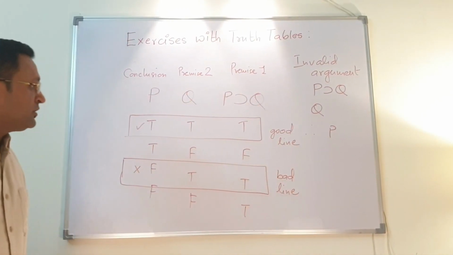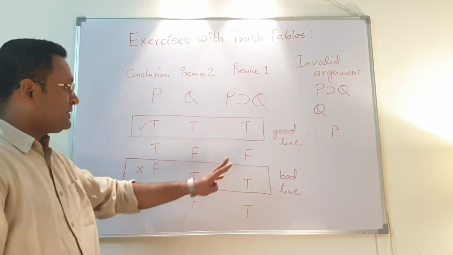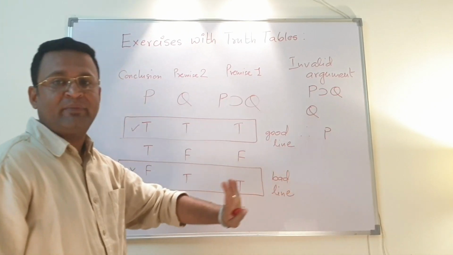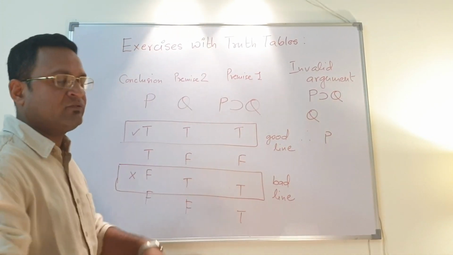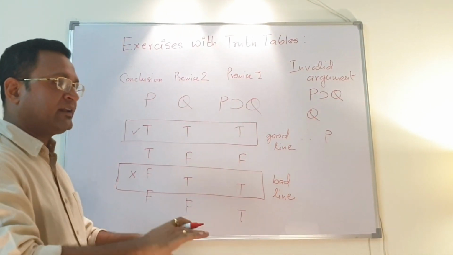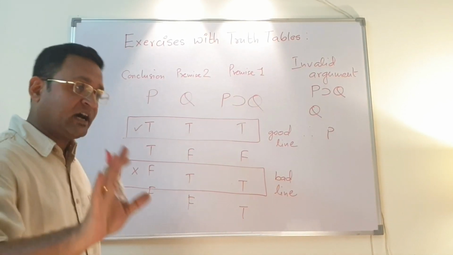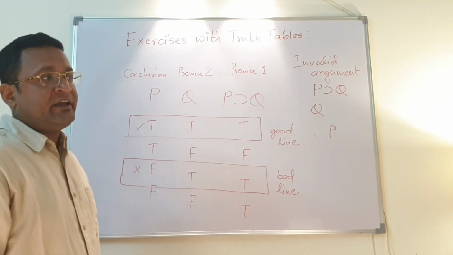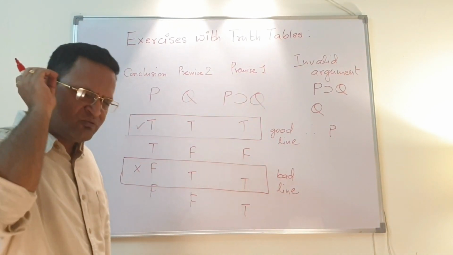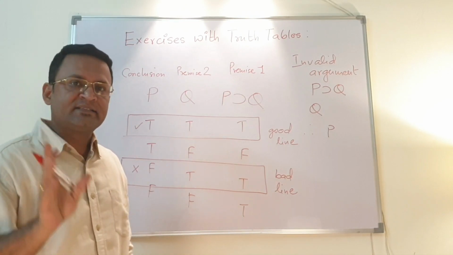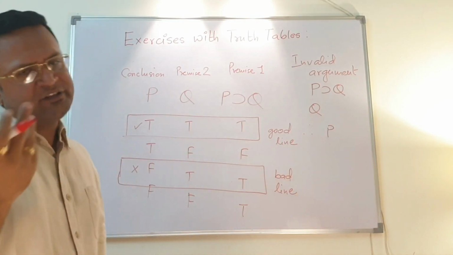Fine. So you need to understand that even if there is one good line, if there is one bad line, suppose you are solving a question where there are 5 good lines and 1 bad line, still that argument will be invalid. There can also be an argument where there are 5 bad lines and 1 good line. That is also invalid.